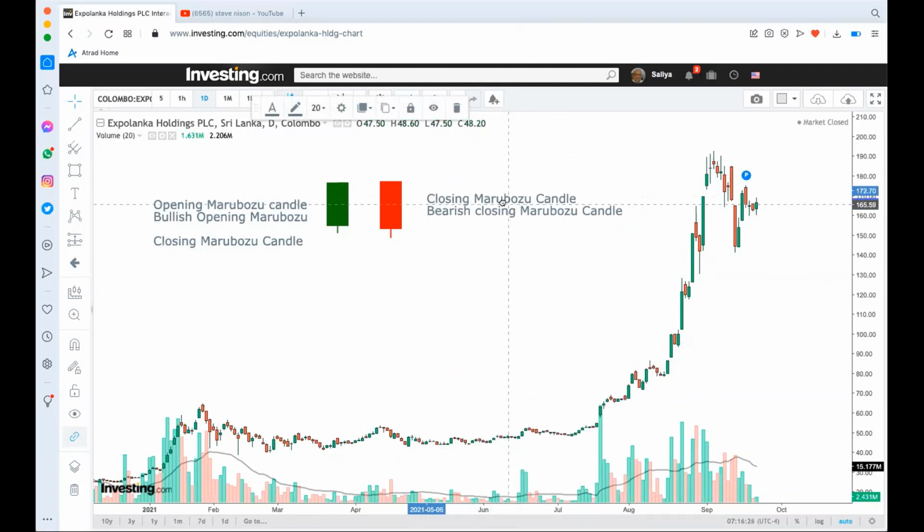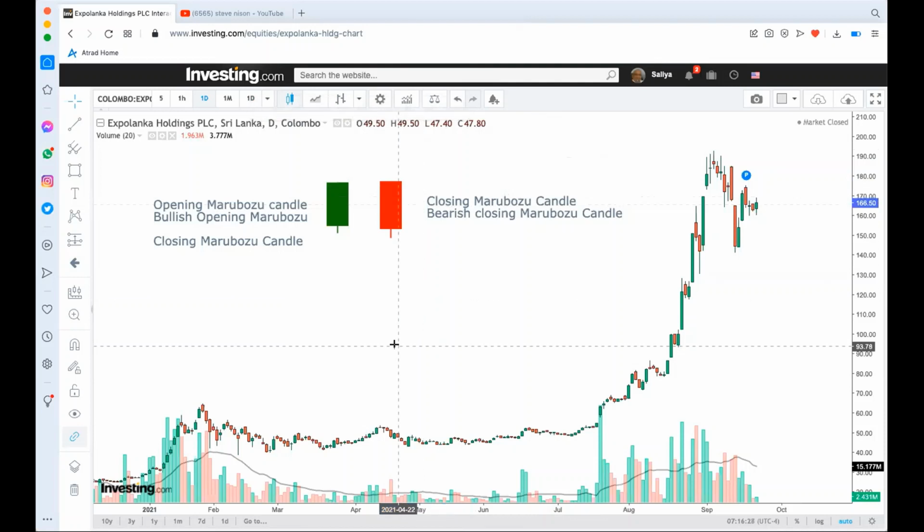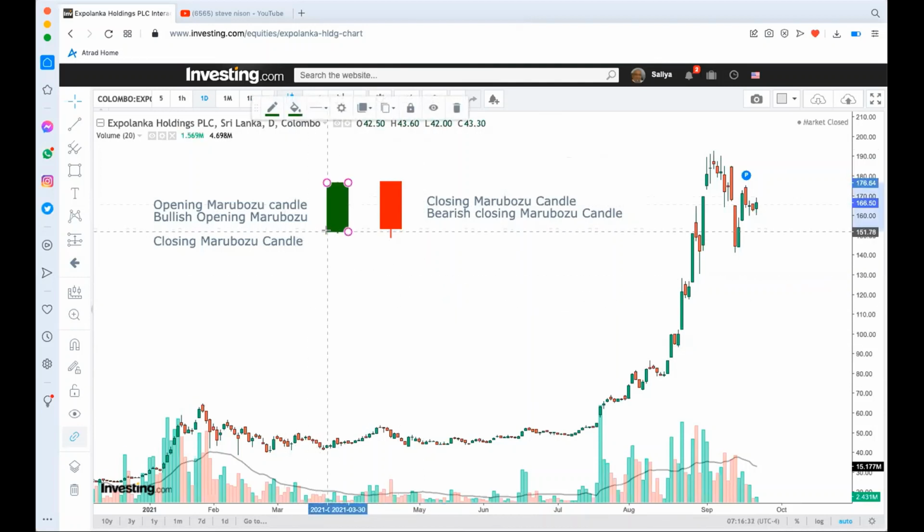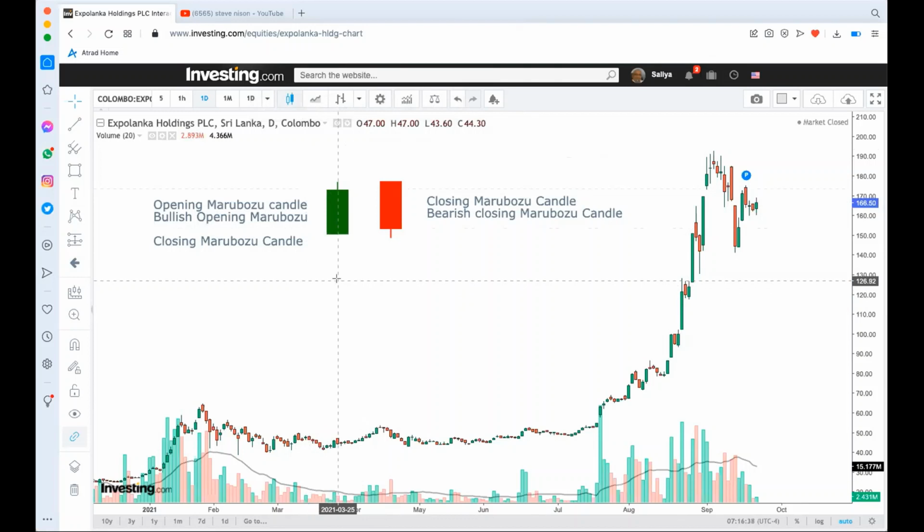Right. So the idea here, now let's take this to the other side. You always have to remember one thing. We do not only study or analyze one section of it. You need to take the entire range from the low to the high.